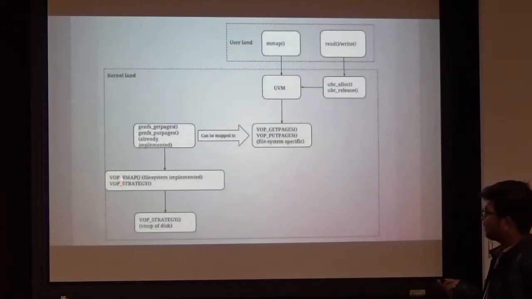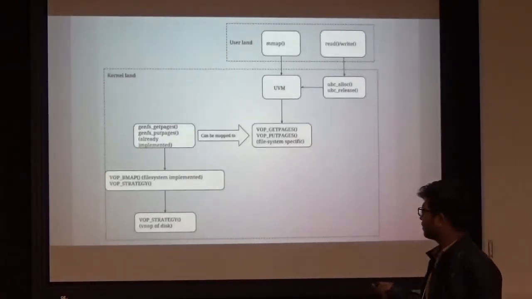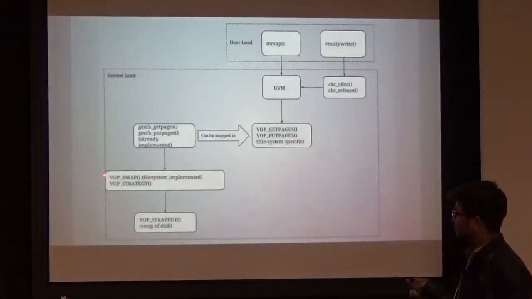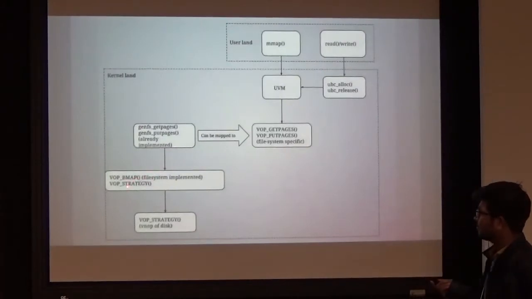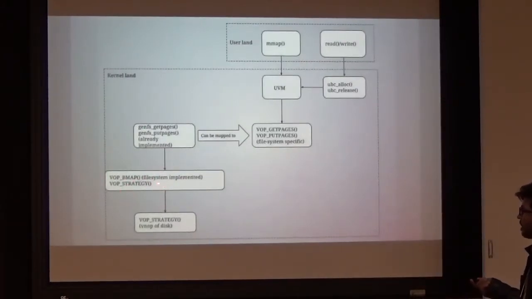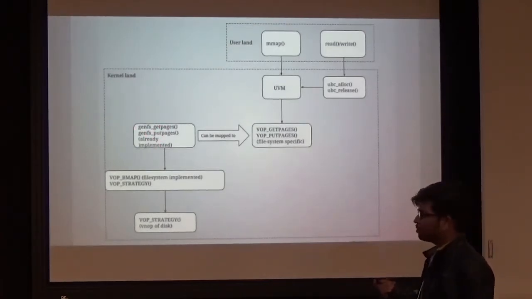If it is not there, then it will call bmap to get the actual mapping, and then it will get that data from the file system, transfer it into the virtual memory pages, and then return.